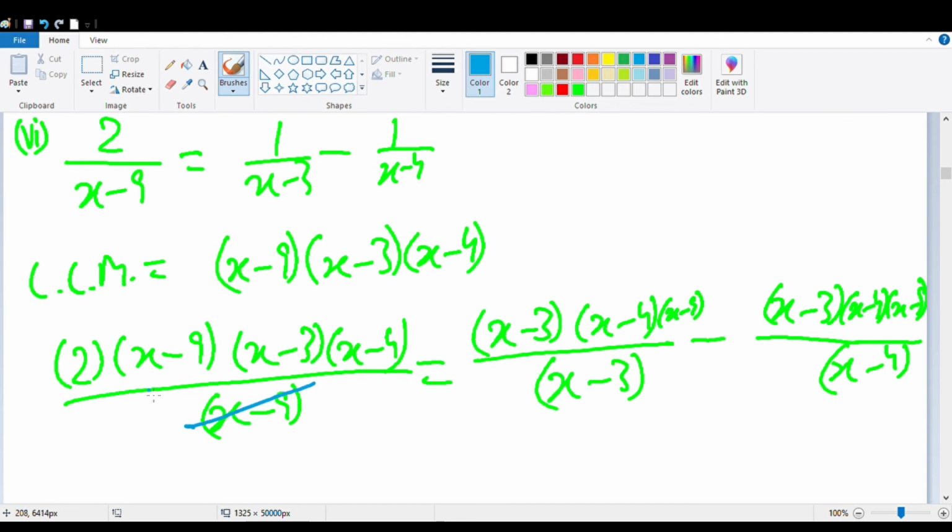So x minus 9 and x minus 9 cut out, x minus 3 and x minus 3 cut out, and x minus 4 and x minus 4 cut out.